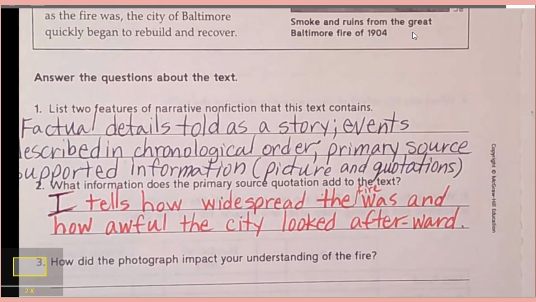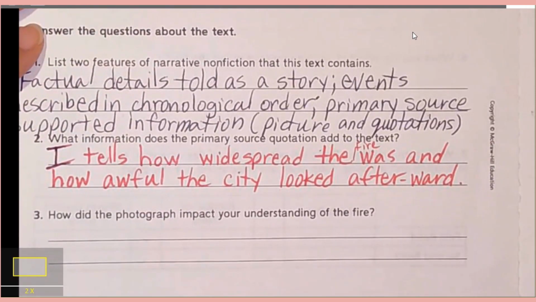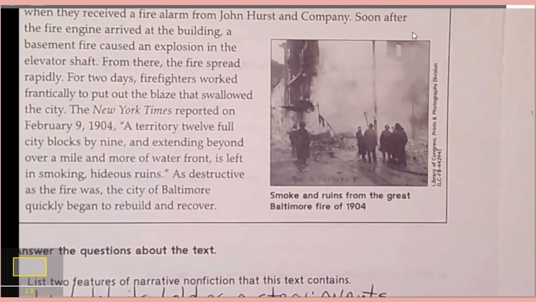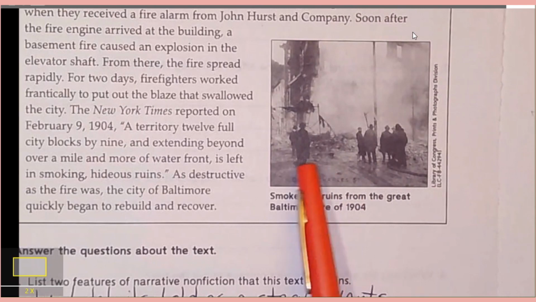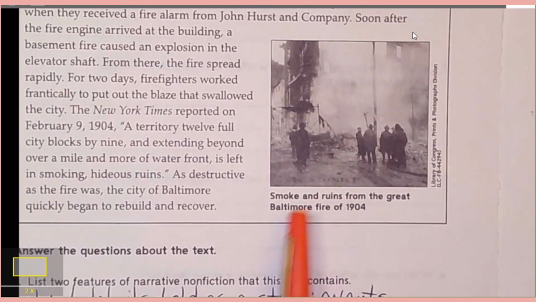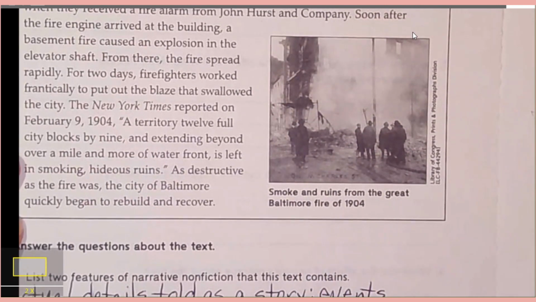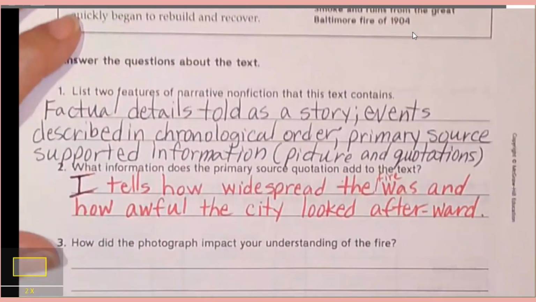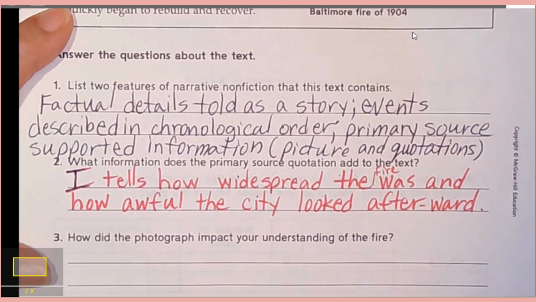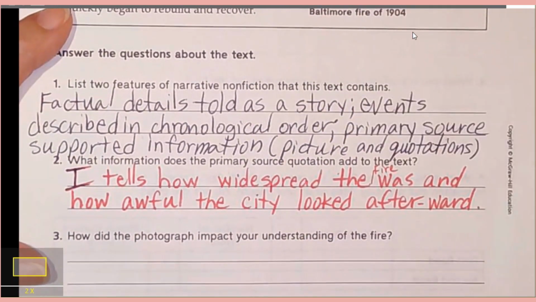So now let's go ahead and look at the last question that we have here. How did the photograph impact your understanding of the fire? So let's go back here and look at this picture that I was showing you. You look at everyone standing around, a lot of smoke, and they're standing there looking, smoke and ruins from the Great Baltimore Fire of 1904. So back to this question. How does the photograph impact your understanding of the fire?